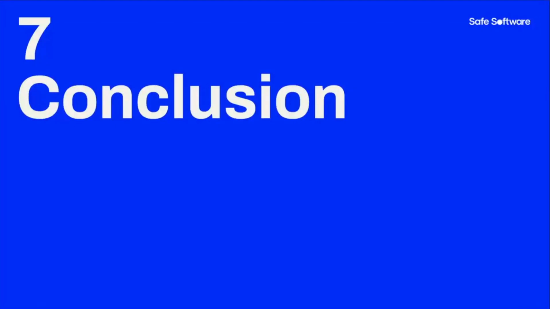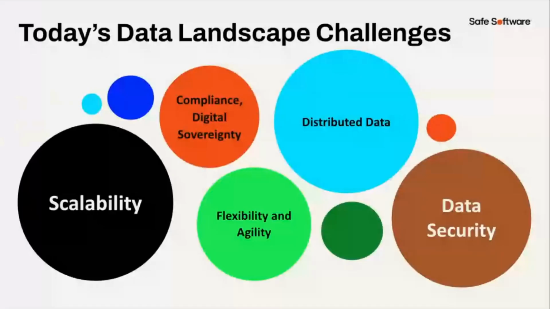So we're going to wrap this up with the conclusion here. We talked about the landscape changing a lot: scalability needs beyond what there were 10 years ago or 5 years ago, and new compliance and digital sovereignty issues, which are causing data to be distributed even more and creating more security requirements for the data that's out there.